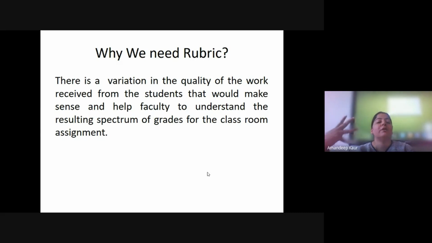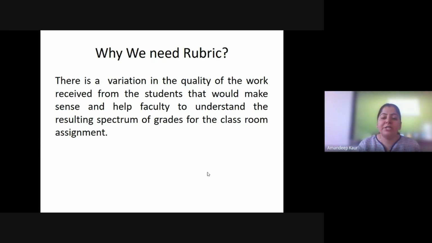So we are predicting the resulting spectrum of grades for the classroom assignments with the help of various assessment practices. And if as a teacher I come to know that there are common errors produced by my students again and again, it means collectively I need to give them an activity, collectively I need to give them extra effort and my time so that we can work upon those common errors and students are able to improve.